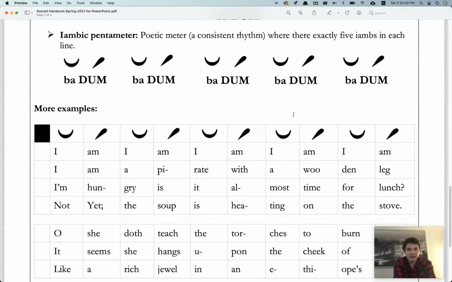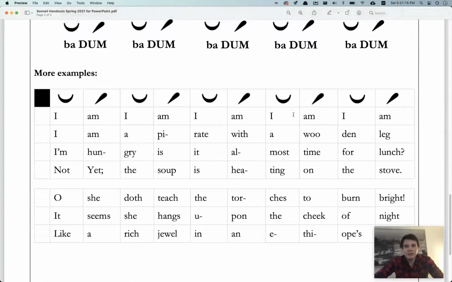Like a pentagon has 5 sides, well, pentameter means you've got 5 pieces of meter, and the pieces of meter are the iambs. So we call it iambic pentameter. So a single line of iambic pentameter will have this rhythm. Ba-dum, ba-dum, ba-dum, ba-dum, ba-dum.